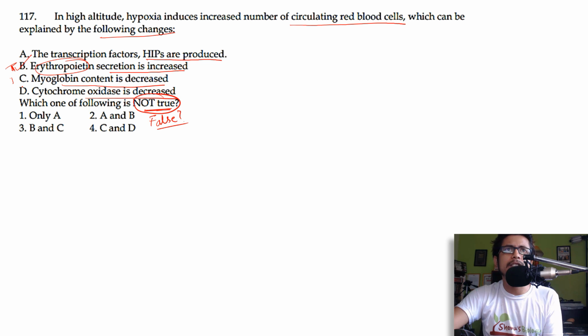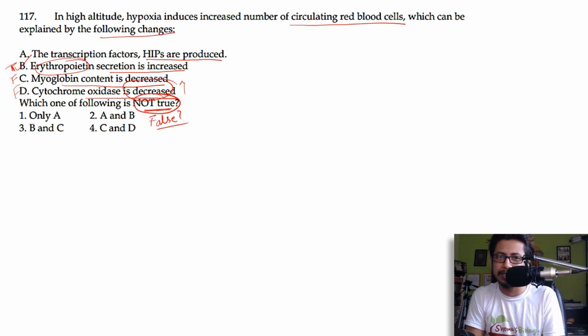Okay, this is false. And cytochrome oxidase is decreased, this is also false, because cytochrome oxidase must be present in the cell in higher amount to make sure that the mitochondria can function properly, because without oxygen mitochondria cannot produce energy. So cytochrome oxidase is needed to continue the proper functioning of mitochondria.